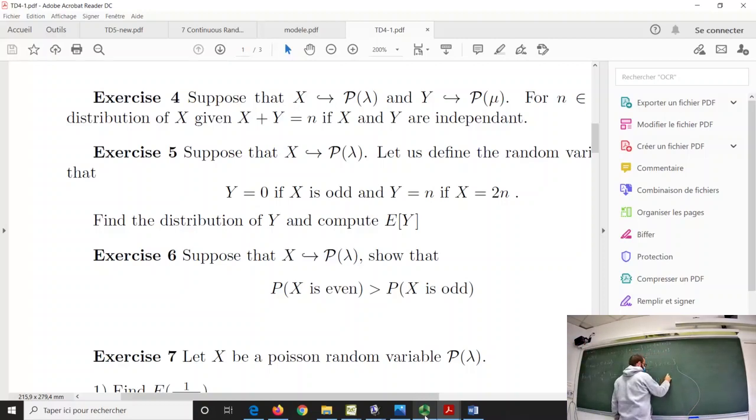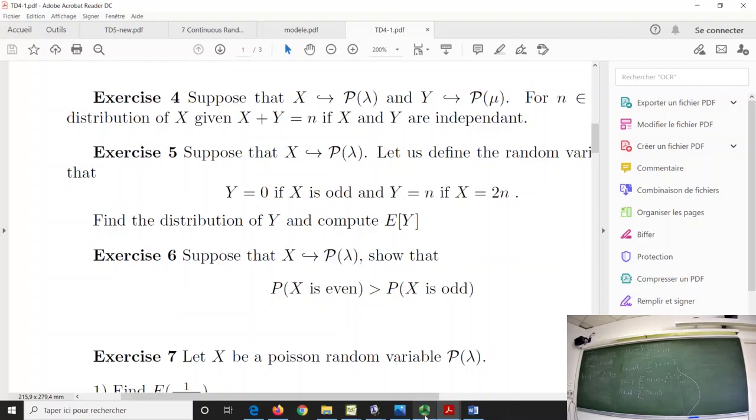So it's the sum from k equal to 0 to plus infinity. So it's X equal to 2 times k. So I just have to replace k by 2k inside: exponential minus lambda, lambda to the power 2k over 2k factorial.